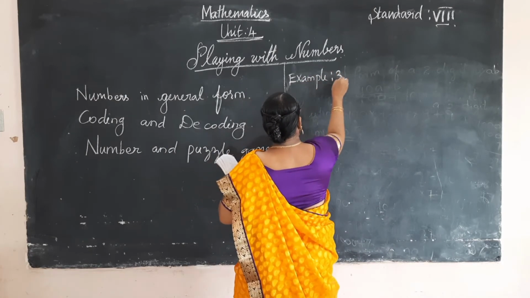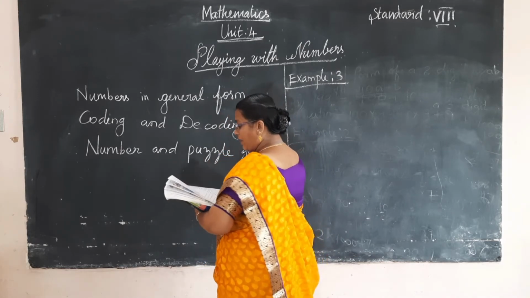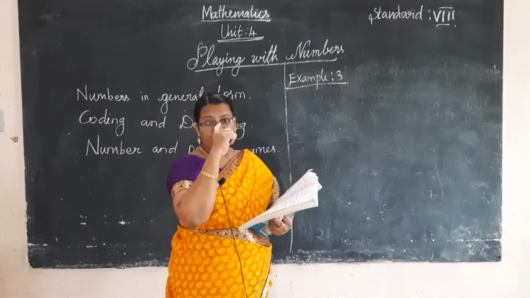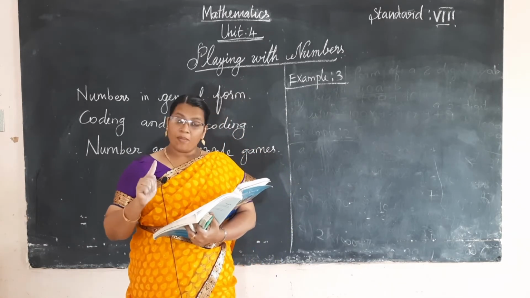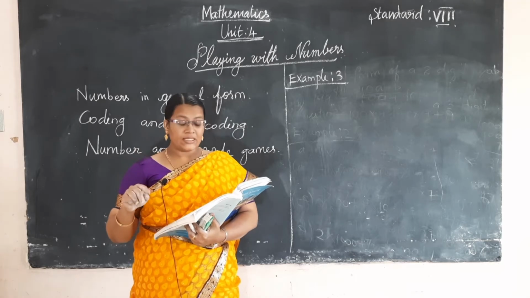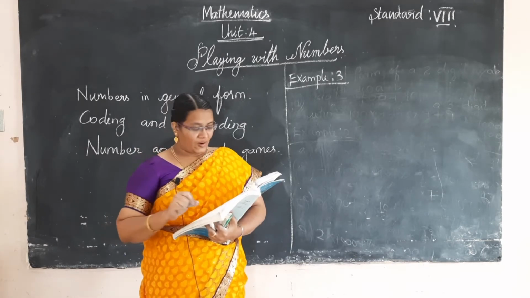Next, example 3. What is given? The sum of the digits of a number is 12. So adding the two digits, we get the value 12.